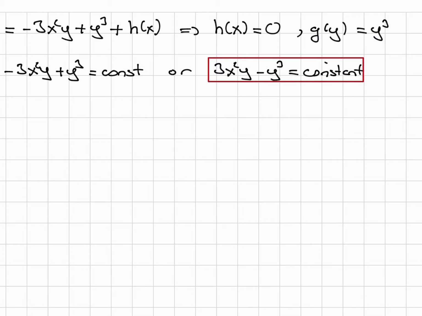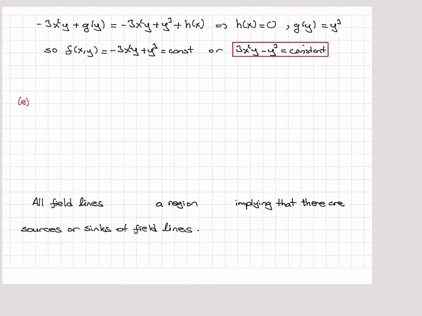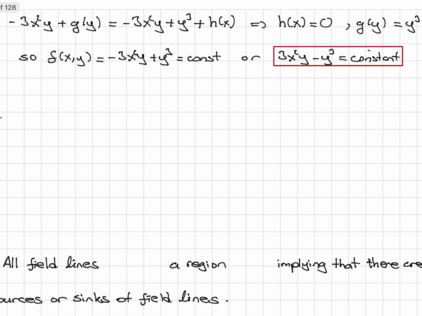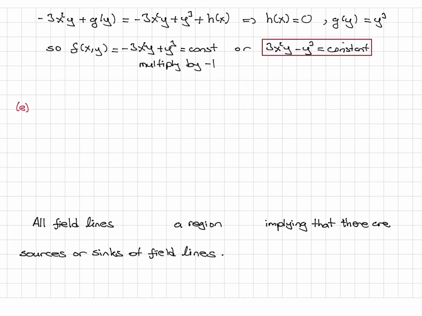So when we plot these field lines, this is the function that we will plot, and we have obtained the end result by multiplying this answer by -1. A constant multiplied by -1 gives another constant.